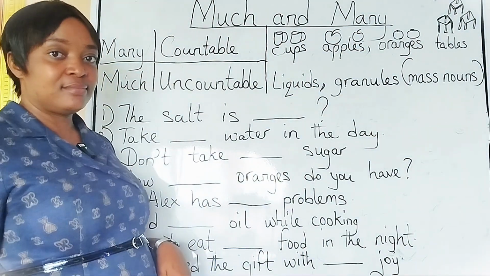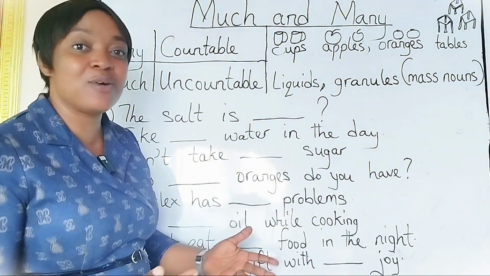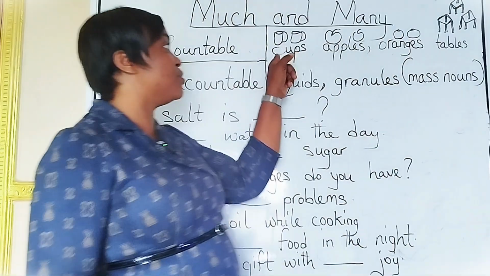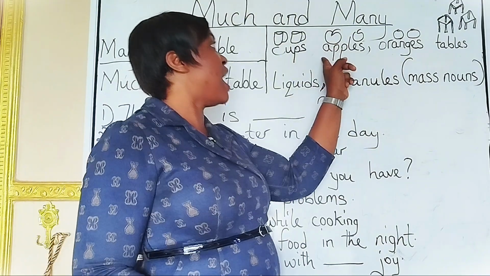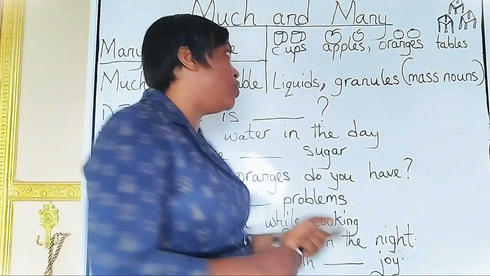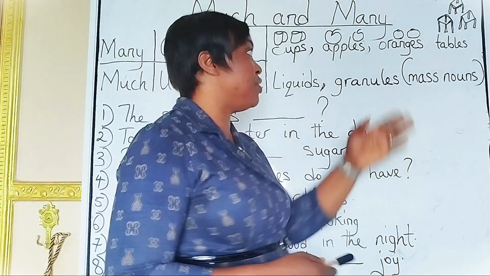Many is used for things that are countable. Anything you can count, you say many. For example, cups, you can see 1, 2, and so on. Apples, 1, 2, 3. We can go on and on to get the number of apples that you have.